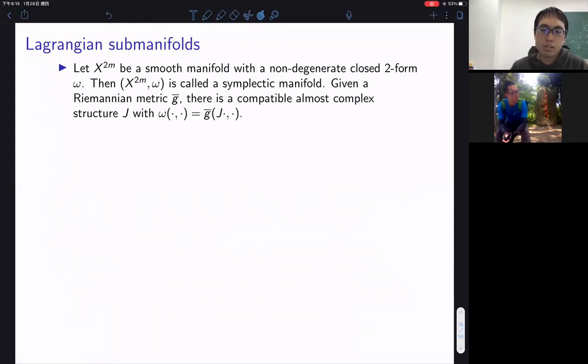Then this pair (X, omega) is called a symplectic manifold. If X is given a Riemannian metric g bar, then there's always a compatible almost complex structure J, such that if you plug J into the first position of g bar, then you get omega.